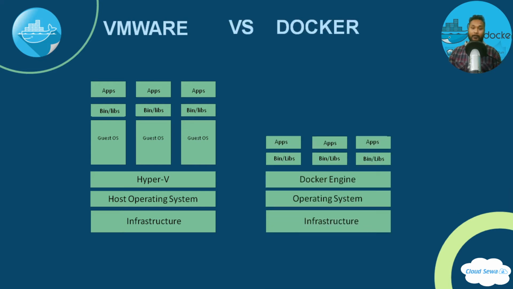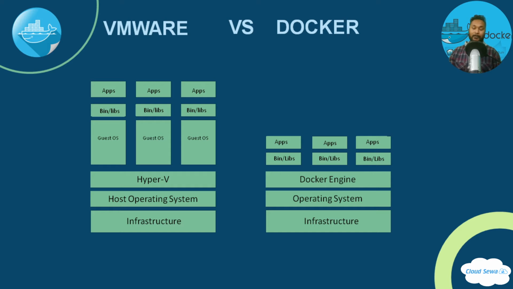So now we move on to the architecture of Docker. The initial steps are similar. We have the infrastructure, and to run it, we need a host operating system. But instead of services like Hyper-V, we'll have a Docker engine. The difference, as you can see in the figure, is the guest operating system. While using the Docker engine, we won't need a guest operating system.